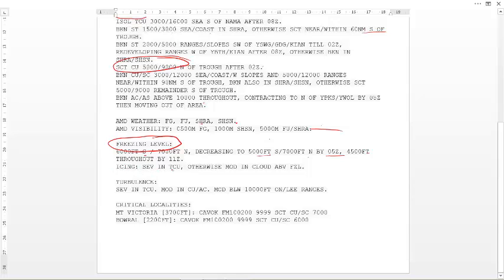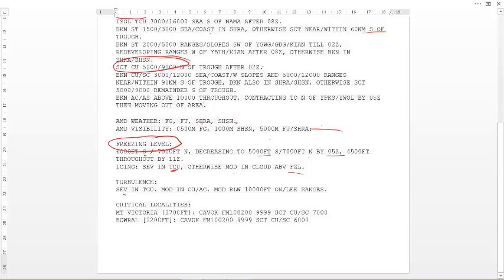Icing, severe in around cumulus and thunderstorms, otherwise moderate in cloud above the freezing level. So I want to avoid cloud above the freezing level. I want to avoid any light moisture above 6,000 feet or above 5,000 in some instances.